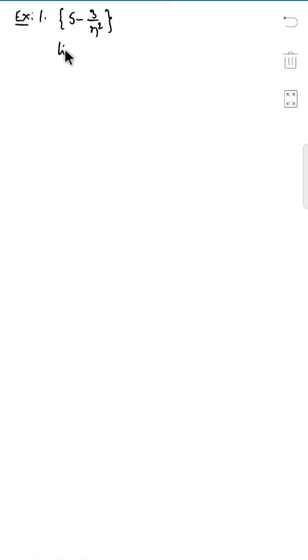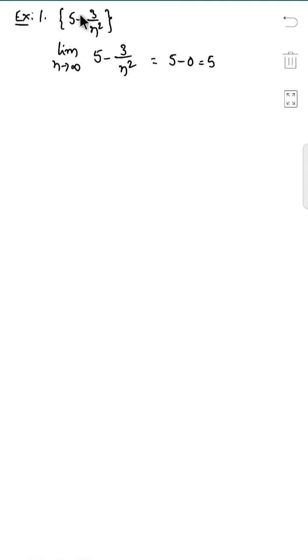So if you find the limit of the sequence, limit n tends to infinity, 5 minus 3 by n square. When you substitute infinity in place of n, what do you get? 3 by infinity, that is 0. So you get 5 minus 0, which is 5.